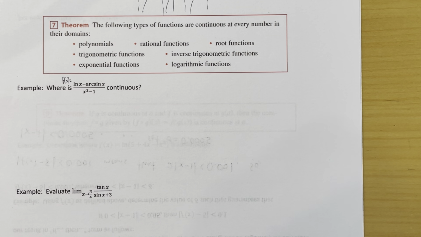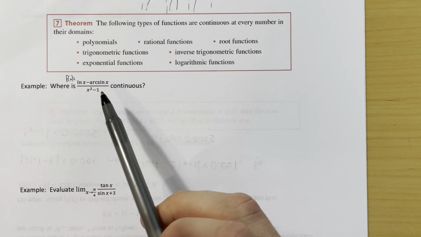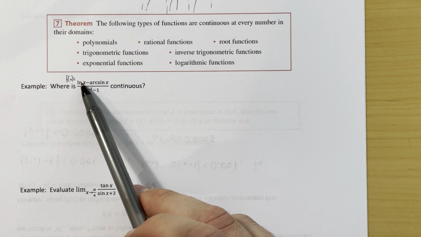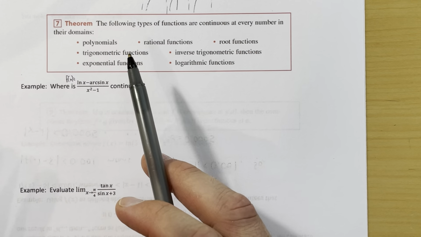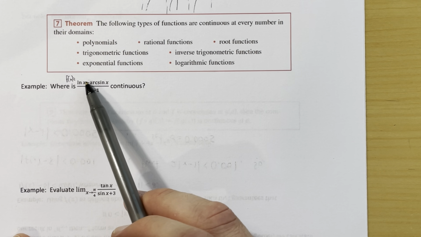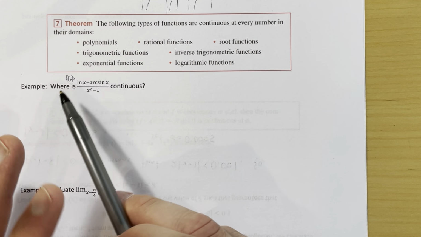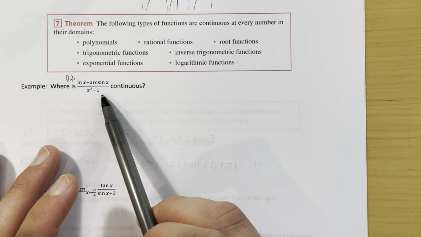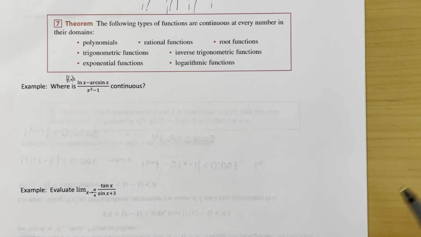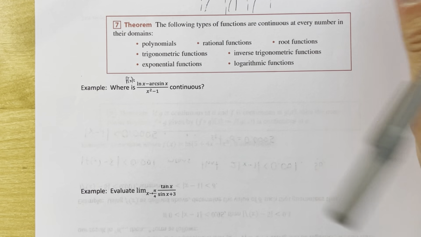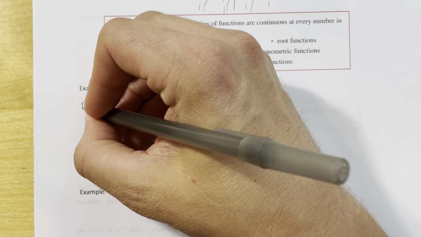So that tells me that if I can find where all three of these functions are simultaneously continuous, then anywhere those values are also going to be where this more complicated function is continuous, except for anywhere that my denominator is equal to 0. So let's look at the domain of the natural log first of all.